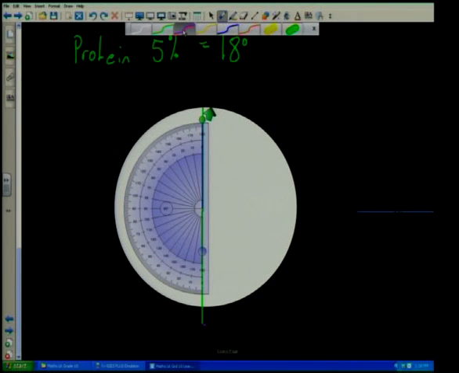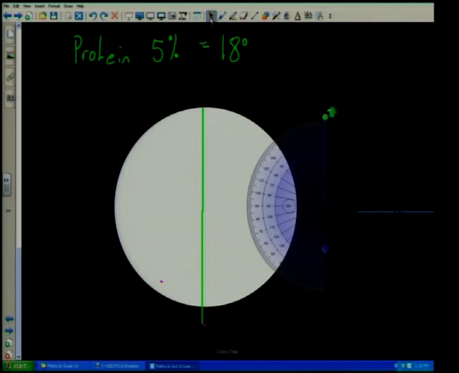Okay, that's definitely not working. We make a mark at 36, and we're going to move our protractor aside and we're going to join the dots. So let's move the protractor, and I'm going to join this line from my center to my 36, and then I can delete this line.